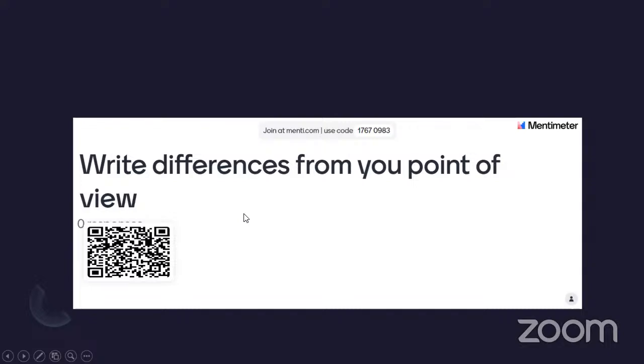Where is it, I can't find it. Come on, guys, scan the QR code and start answering. What are the differences from your point of view between business plans and business models?